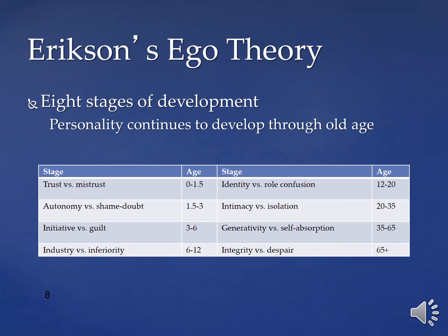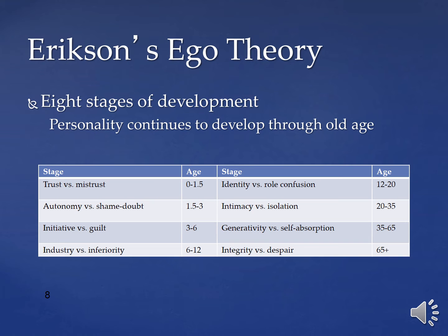Another theorist that really does play an important foundation in the understanding of our mental health patients is Erickson. If you'll remember from your psychology courses, Erickson divided all of life into 5 categories. And he stated that in each of these categories, we have a very important task that we need to channel our emotional energy toward accomplishing.